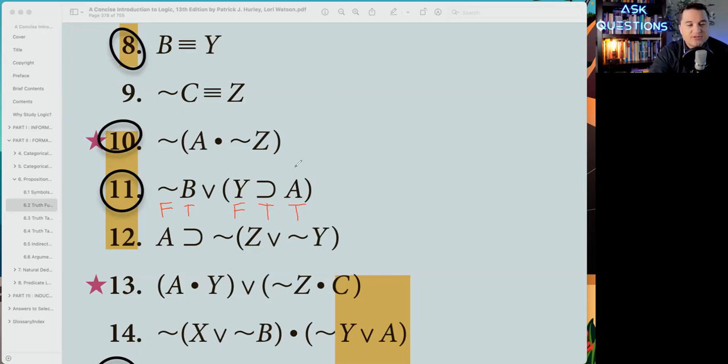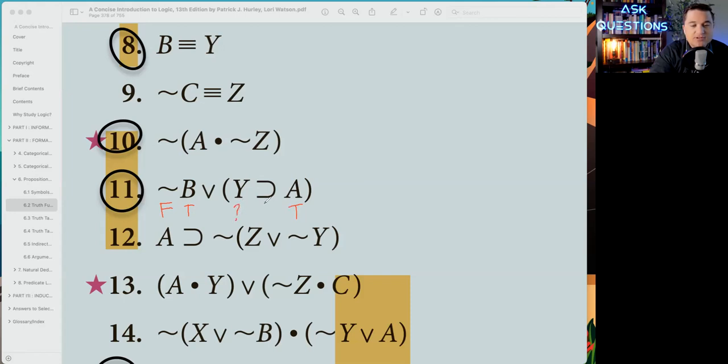So one bit of interesting information is with the horseshoe statement, let's say all we knew is that the left side is false. It doesn't even matter what the right side is. This has to be true. Because if A is false, you have two F's, which for a horseshoe statement yields a true under the main connective. And if A is true, you still end up with a true horseshoe. Similarly, let's say I started by putting in the A as true, and let's say we didn't know what Y was.